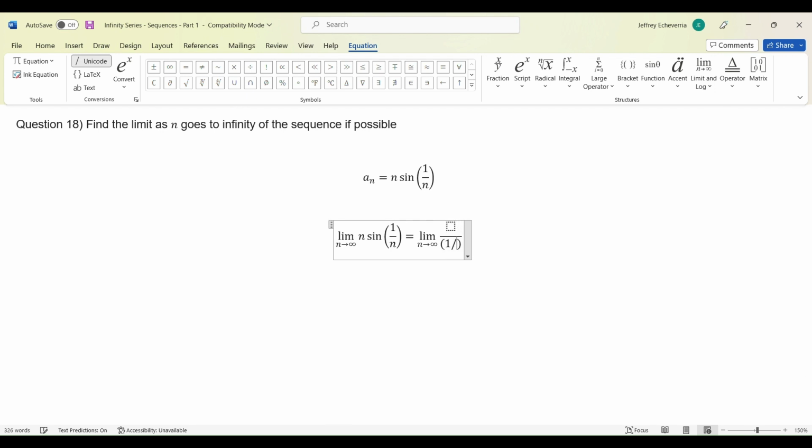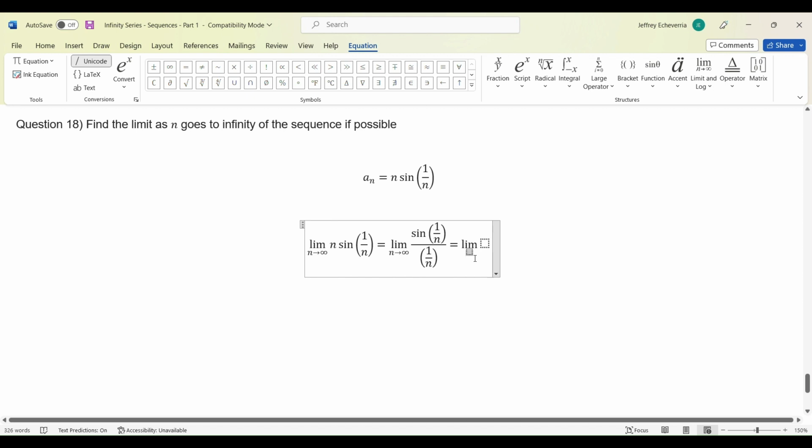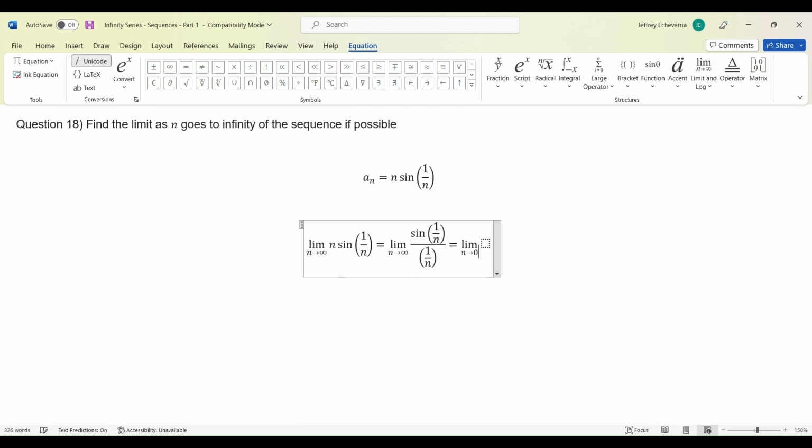We will write 1 over n in the denominator and sine of 1 over n in the numerator. So this gives us the same thing as the limit as n goes to 0 of the famous sine of n over n, which gives us 1.